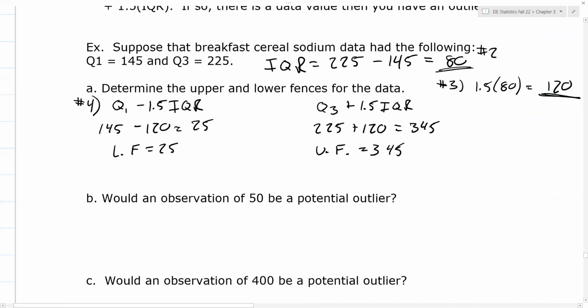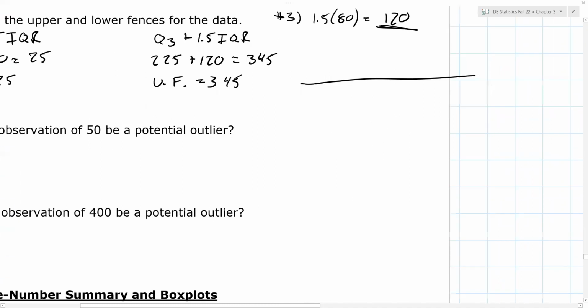So essentially what we have now, we have created an interval, and anything between our 25 and our 345 is an okay value. Anything outside of that is considered an outlier.